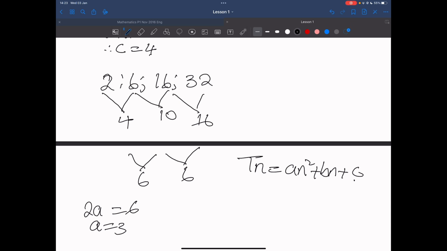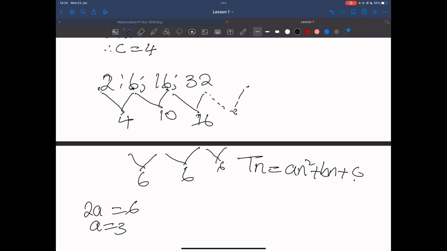If we look at this quadratic number pattern here, if we want the next term, we keep on adding. We say 2 plus 4 is 6, and 6 plus 10 is 16, and 16 plus 16 is 32. Like that, we can continue and get the next term. So the second difference is always 6.